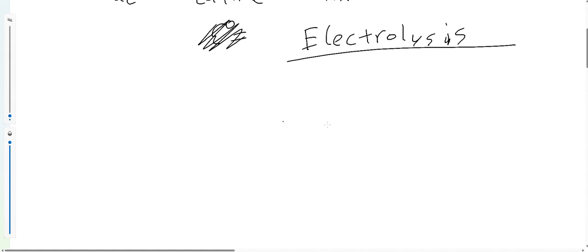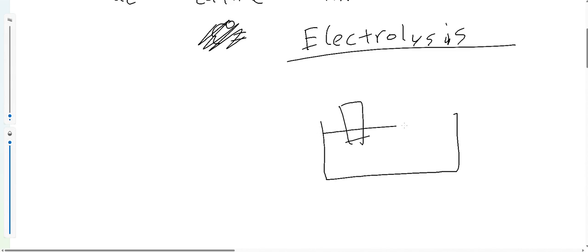So keep in mind, you're not going to be asked to label a battery on the AP exam. That's just dumb. So what you have here is your metal, your solution, another metal, and they're connected via a battery. I know, terrific drawing.